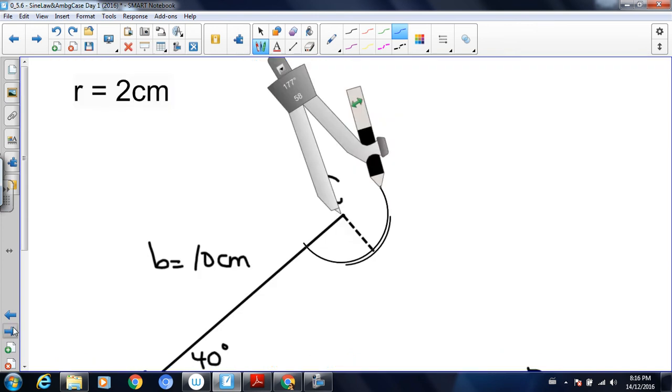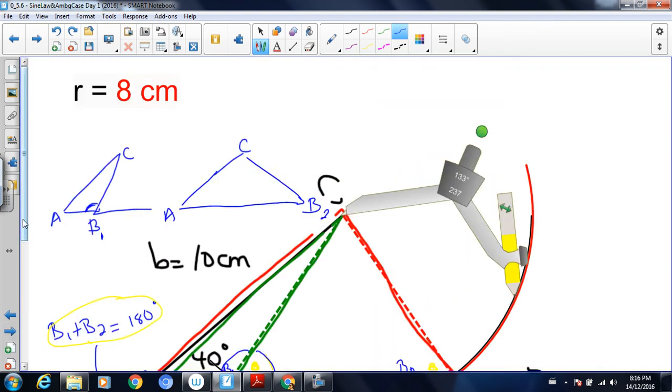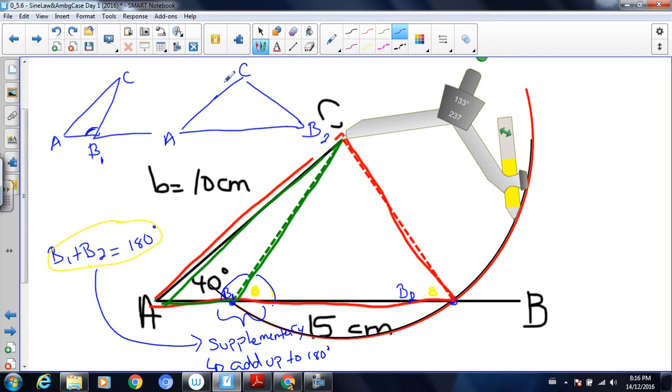Let's take a look at that again. We have one acute triangle, which is this in red. The big one in red is an acute triangle, and this green one is obtuse because you have an obtuse angle.